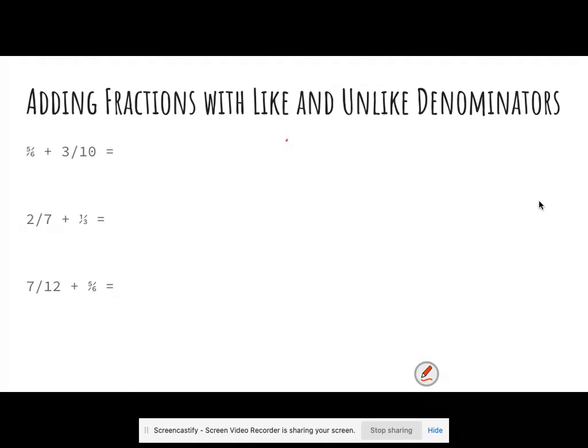Second example, I have 2/7 plus 1/3. And so what I need to do here is find my common denominator. This is one of those where I do multiply the numbers together, and that does end up being my common denominator.